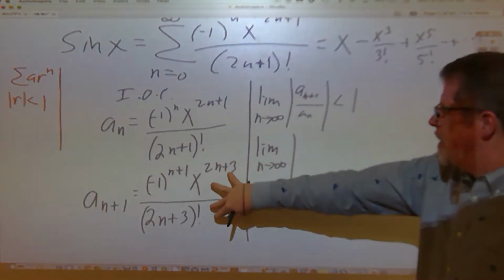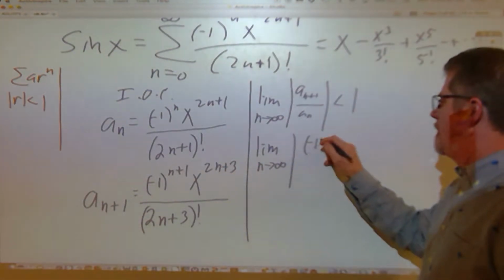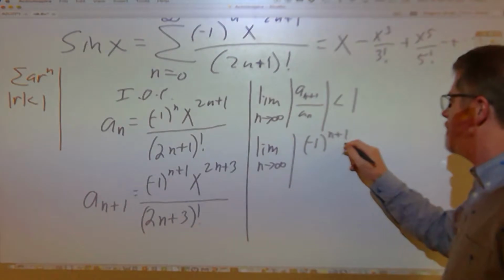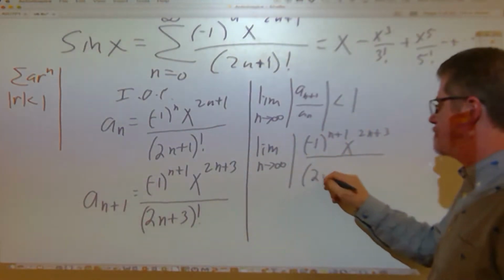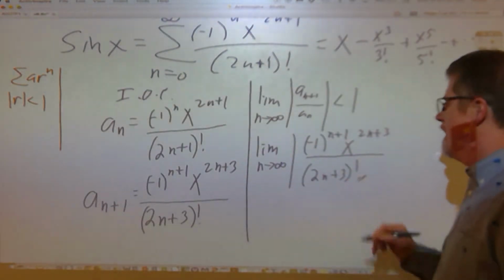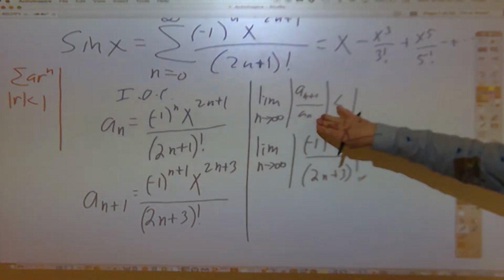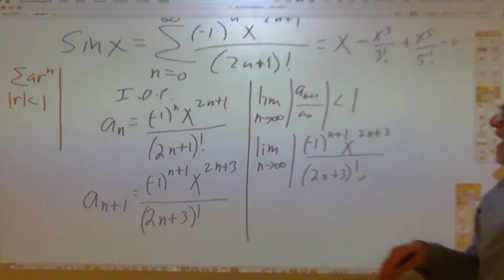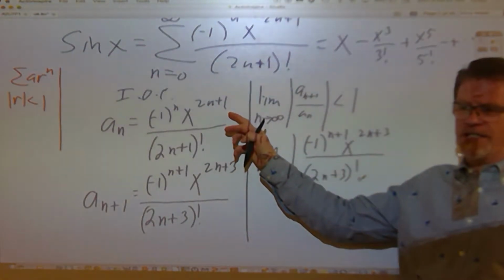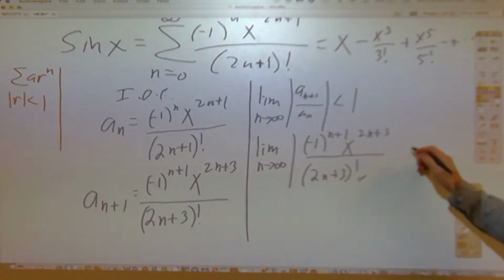So a sub n plus 1 is right here. I've defined it so there's no confusion, just copy it down. Instead of dividing by a sub n, may I please have your permission to multiply by the reciprocal of a sub n instead? Thank you so much.